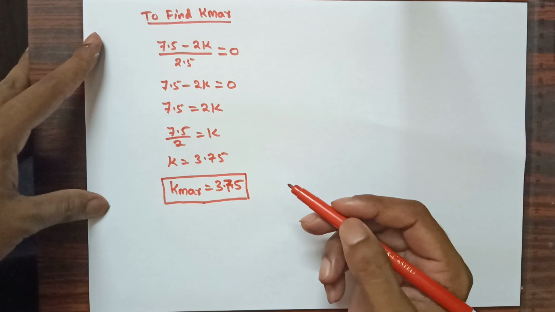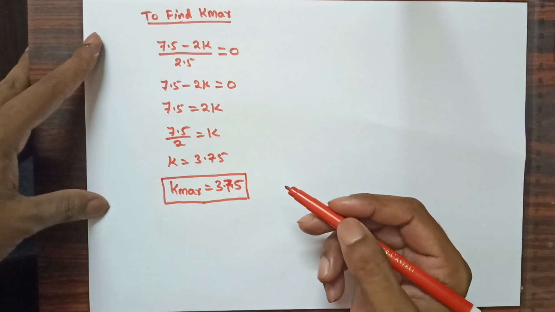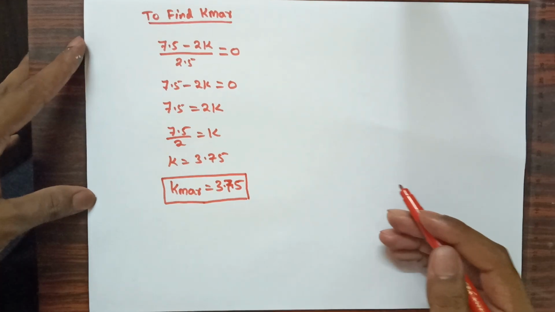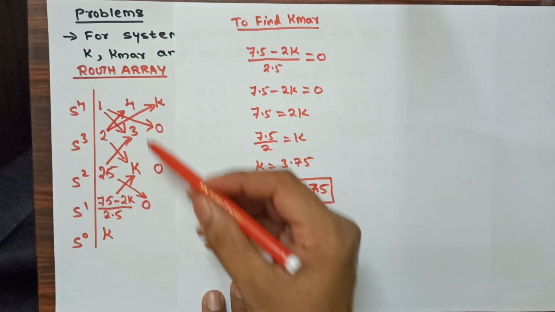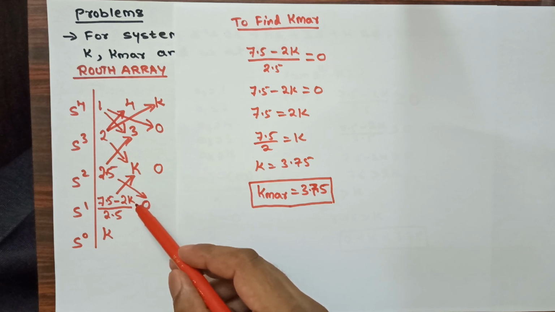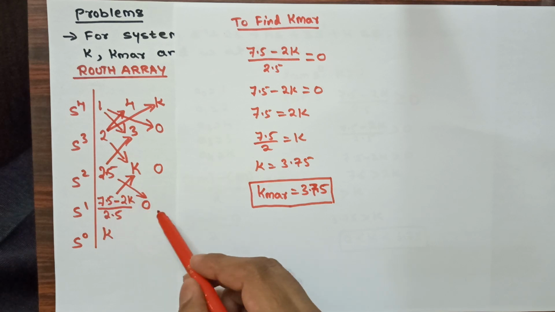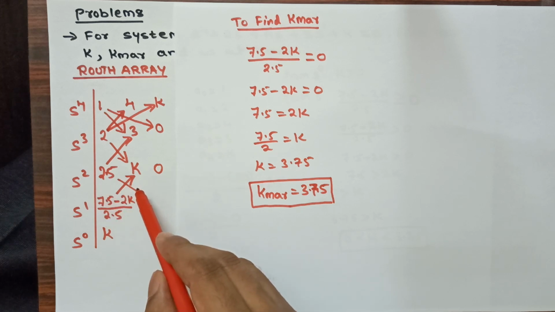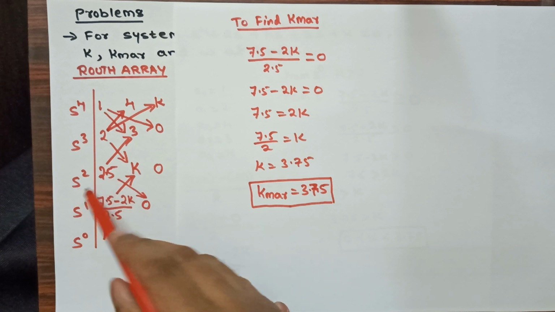Now to get the third solution, that is the frequency of sustained oscillations, I need to consider the auxiliary equation from the array. Now you can see in this array, when I substitute k value, that is 3.75, this whole row becomes 0. Once this row becomes 0, we know that the above row we consider as the auxiliary equation, that is 2.5 along with s square.